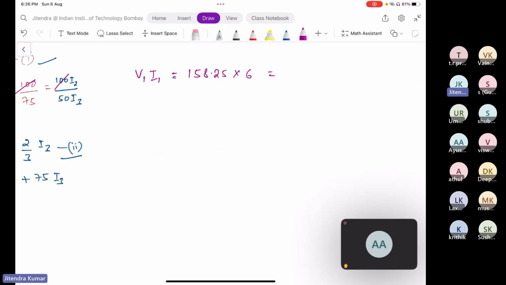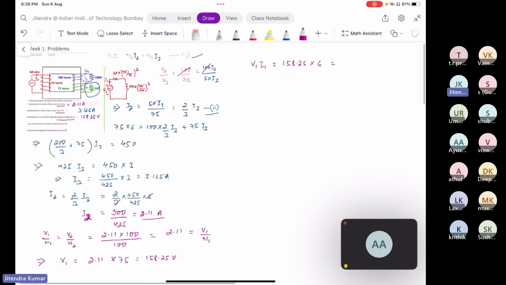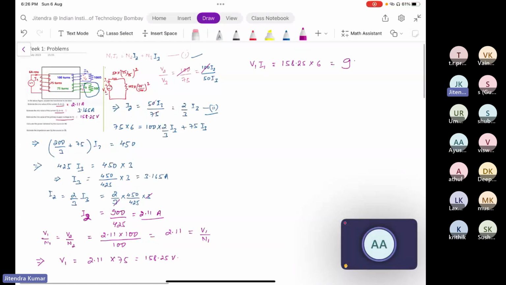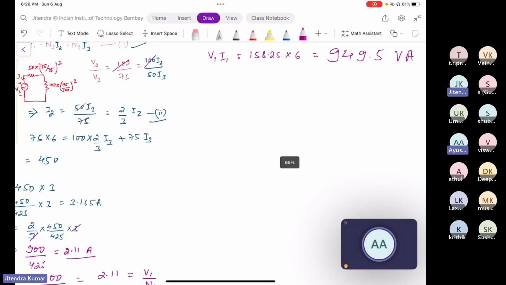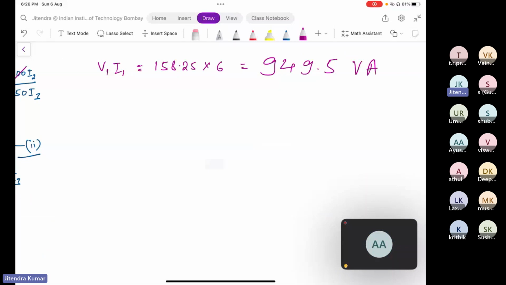So how much is it? Anyone please? 949.5. For the time being, I am writing it as watt. Oh, volt ampere, not watt. Yeah, VA. So for the time being, I am writing it as VA.